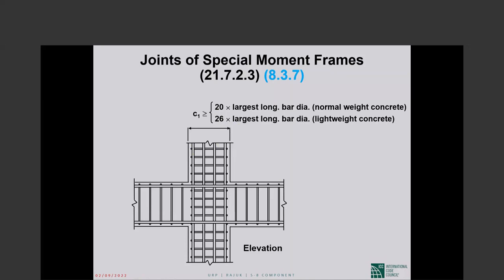ACI 318 said that would be the end of concrete construction. Who is going to construct columns that large? It's not economically feasible. So ACI 318 decided early on, and that has stuck through all these years: the minimum column dimension shall be 20 times the largest longitudinal bar diameter.